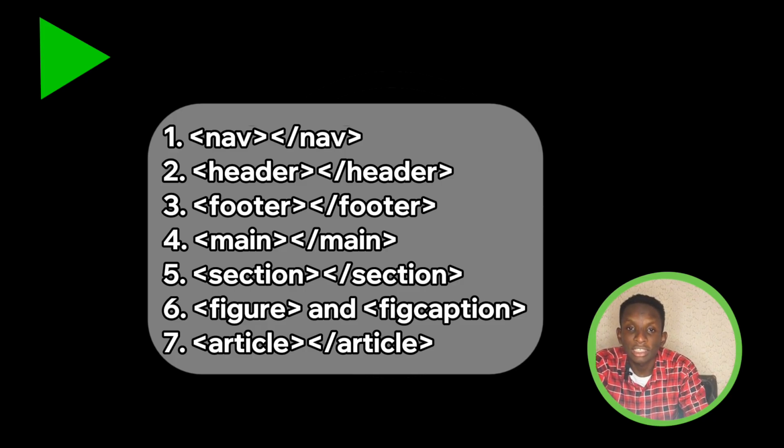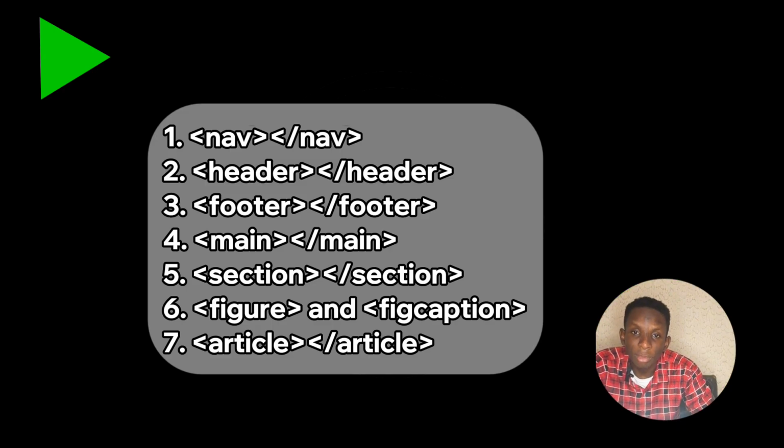You can use the section element for any other one. We equally have the figure, which is used for images. We also have the article, which is used for content blocks, to write content like a blog post in your website. So that's for the different types of accessibility in HTML.